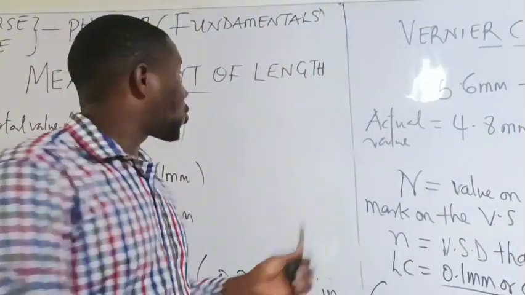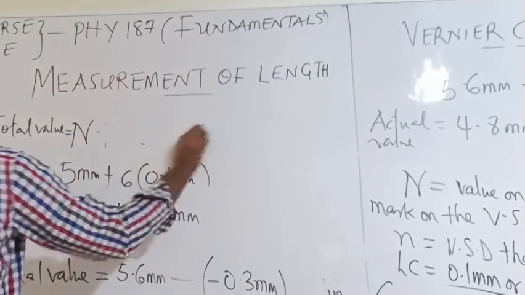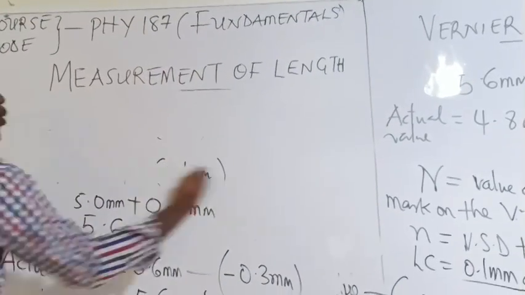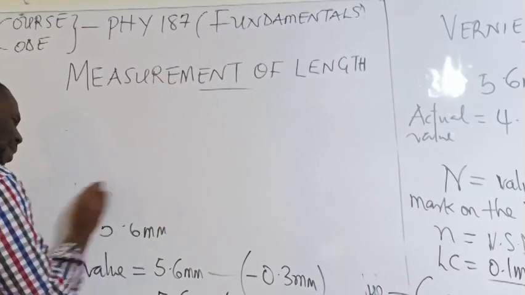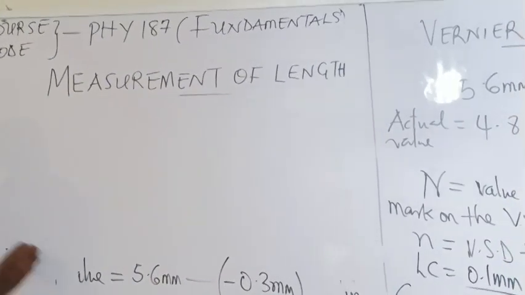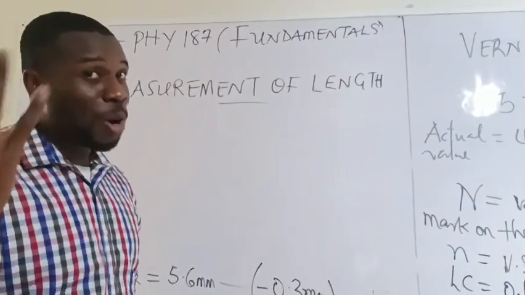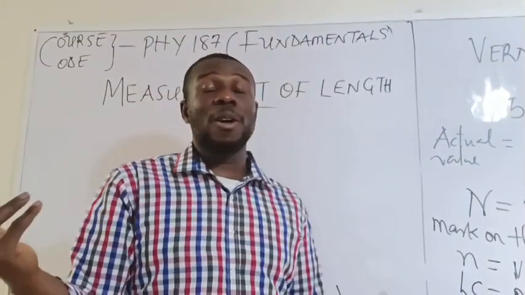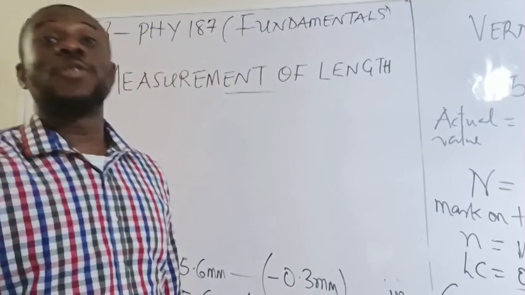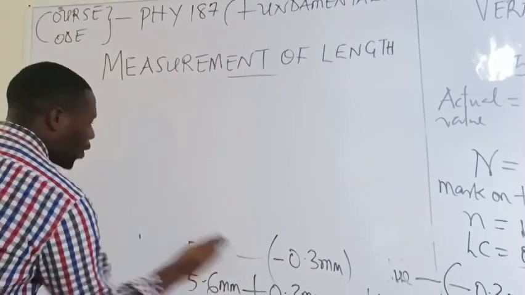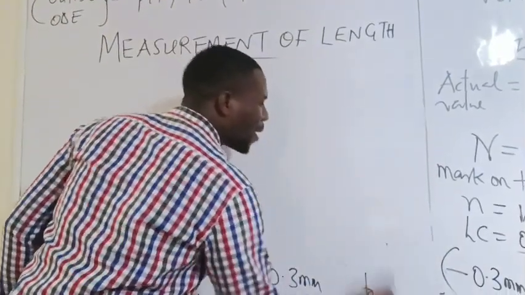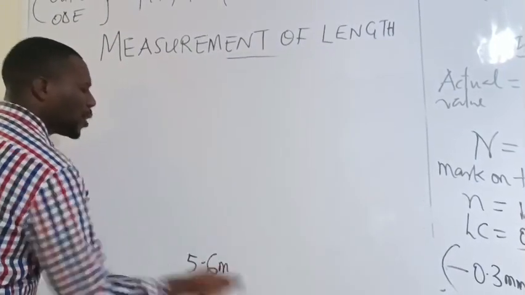But the micrometer screw gauge, which I'm about to talk about shortly, can only measure the outer diameters of round objects, and also it could measure the thickness of very small objects. For example, the thickness of a piece of paper, thickness of a wire, so to speak, and of course, what have you. Now, the micrometer screw gauge.